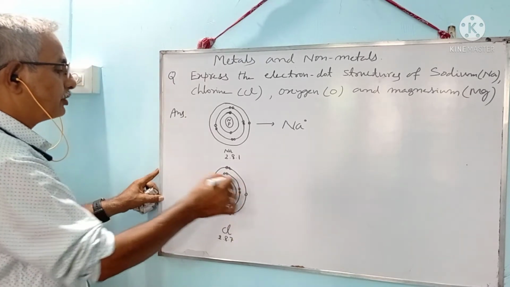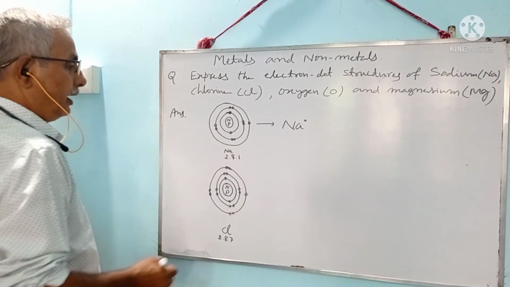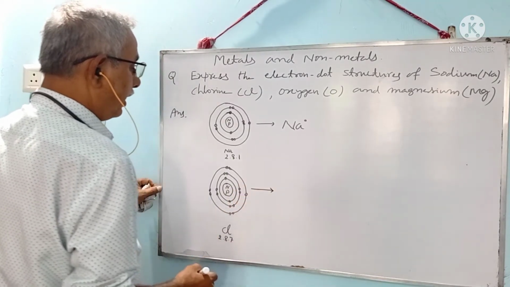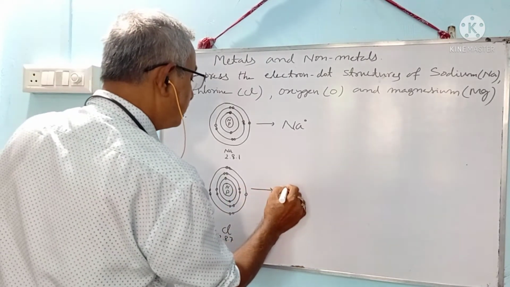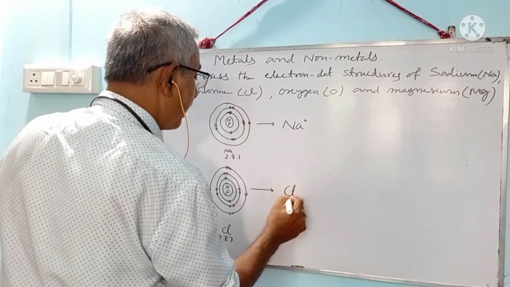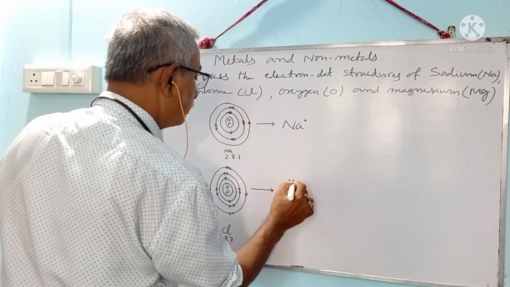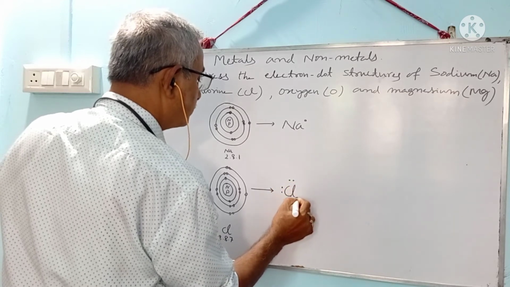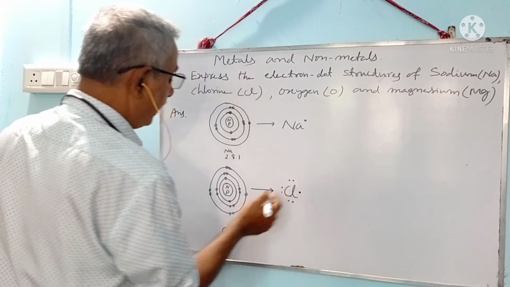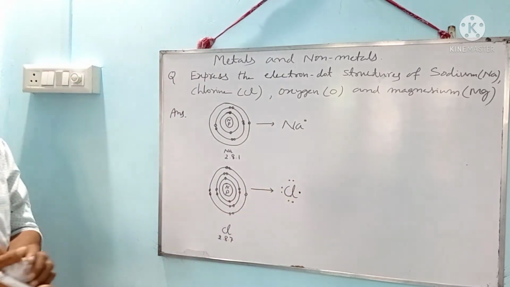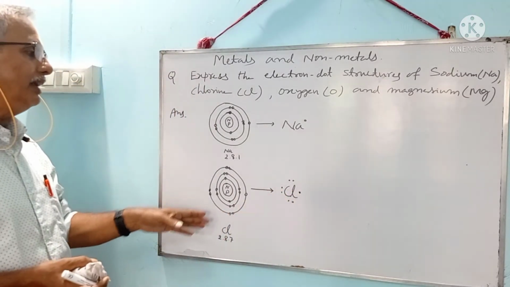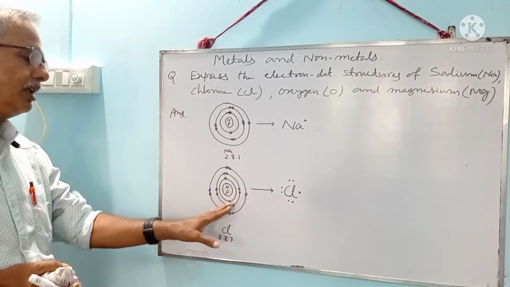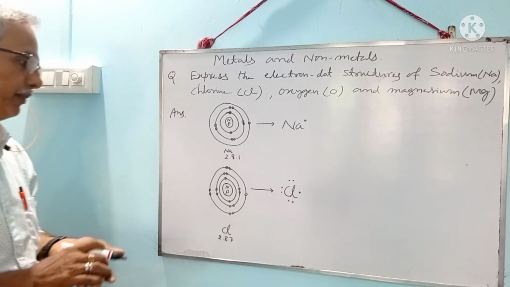So 7 electrons you got here. That means in the last orbit I am writing the electrons, 2 electrons, 2 electrons, 2 electrons, and here 1 electron. All together, we are supposed to mention in the last cell only the valence electrons. So this is the electron dot structure of chlorine.